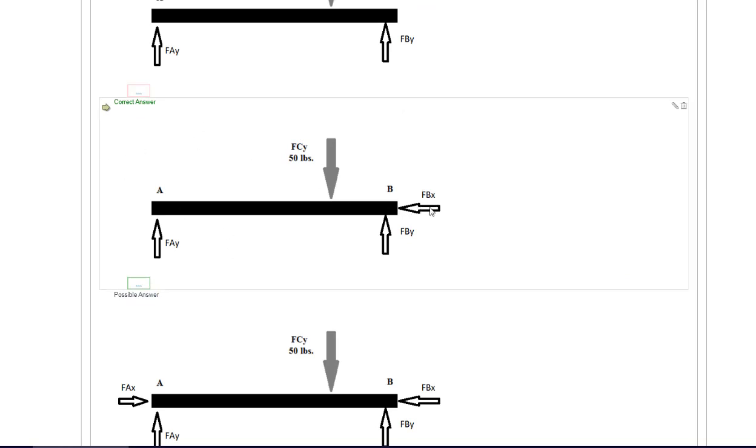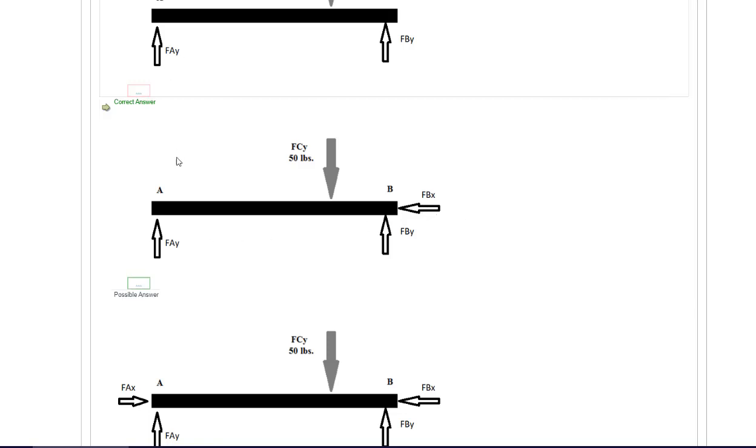Kate had even asked in class, but basically it doesn't really matter what direction I draw this arrow in. Technically, I should assume that it's a positive force, and I really should have drawn it towards the right, but it really doesn't matter.